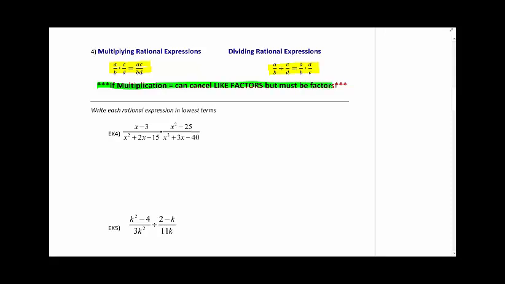If it is multiplication, we can cancel like factors, but they must be factors. So if it's multiplication, I want you to factor every piece. What I mean by piece is every numerator, every denominator. Then you look for like factors to cancel.